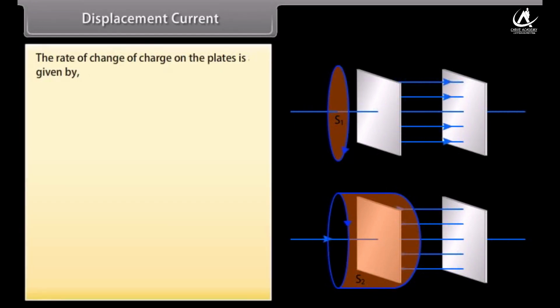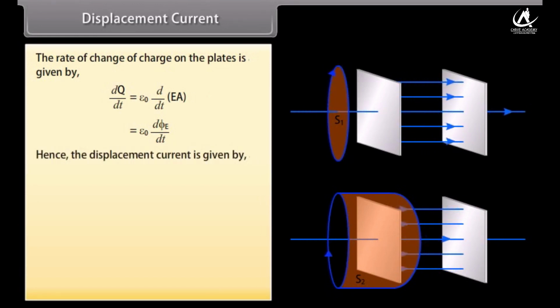The rate of change of charge on the plates is given by epsilon naught d upon dt of EA, which is equal to epsilon naught d phi E by dt. Hence, the displacement current is given by I_D is equal to epsilon naught d phi E by dt.